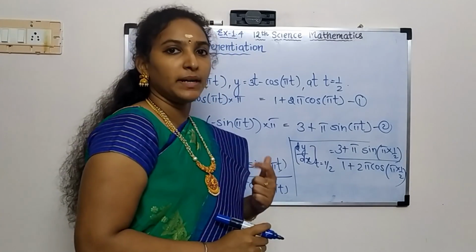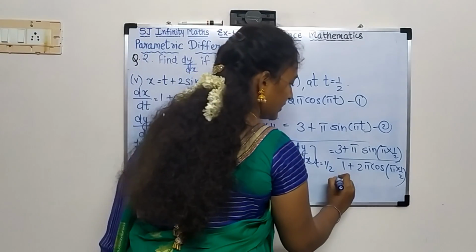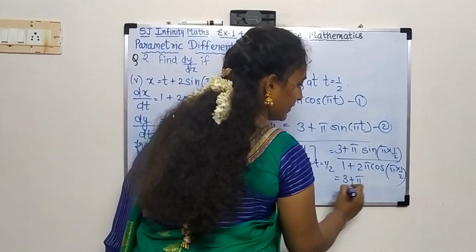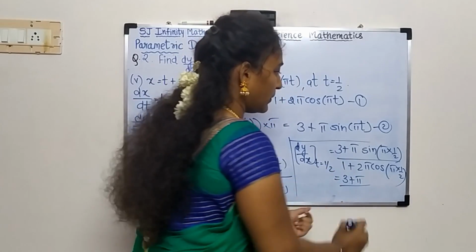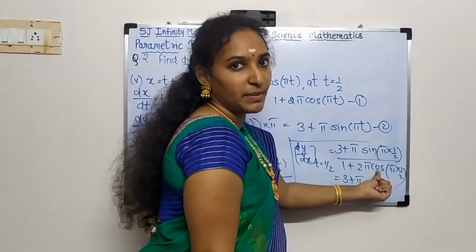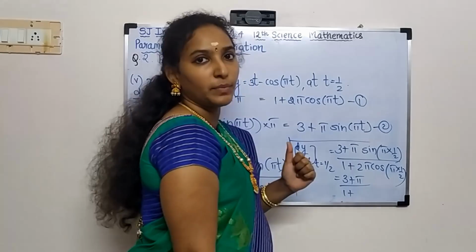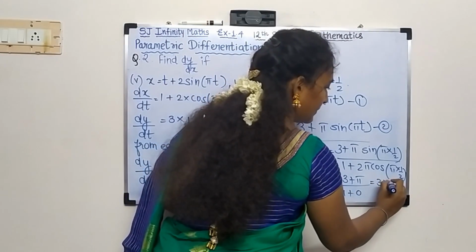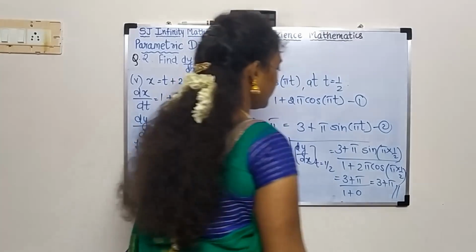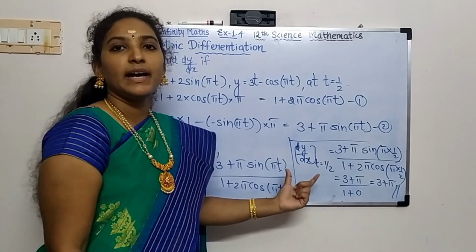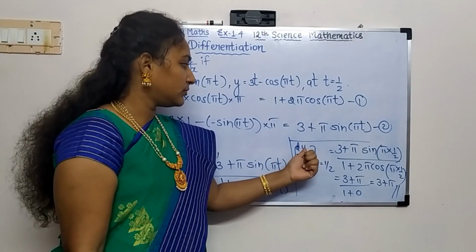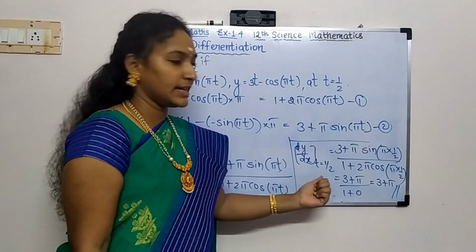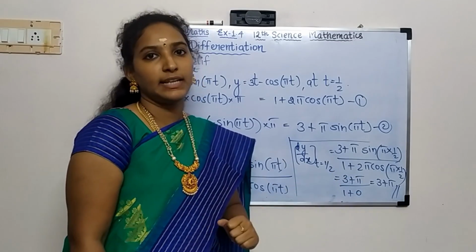Value of sin pi by 2 is 1. So this is equal to 3 plus pi upon 1 plus cos pi by 2 is 0. So 0 into 2 pi is 0. So 1 plus 0. So this is equal to 3 plus pi. So we have the derivative, that is dy by dx at t equal to half, as 3 plus pi.